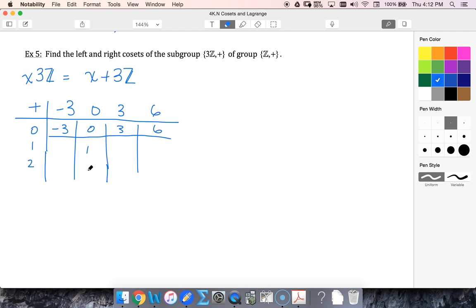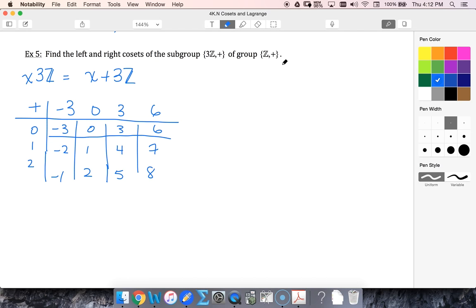So this is going to be negative 2, 4, 7, negative 1, 5, 8. Notice I'm going to end up covering all of my integers, which should happen.